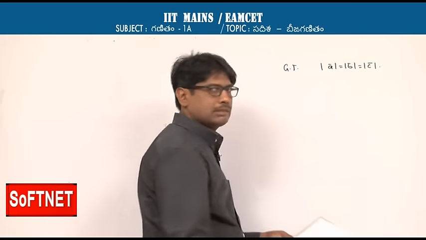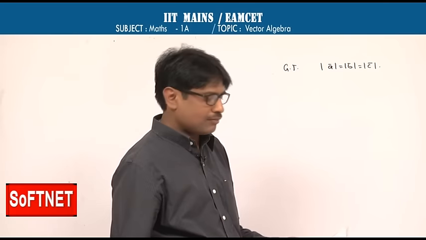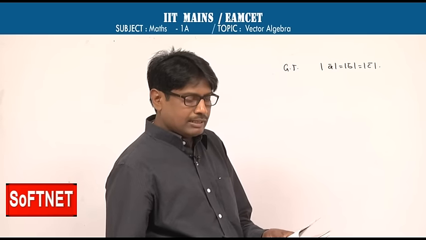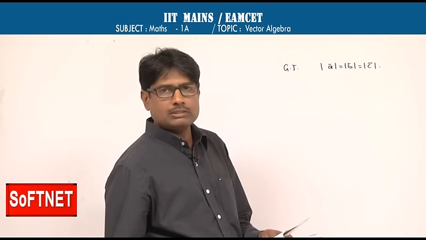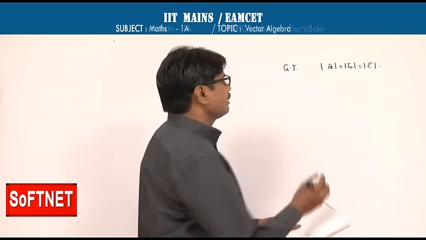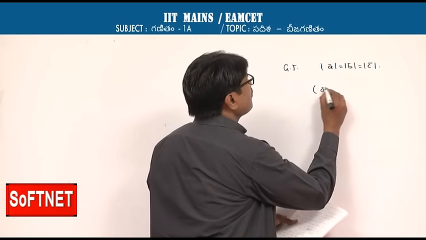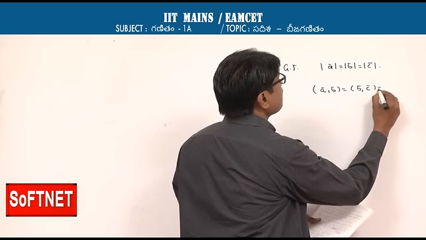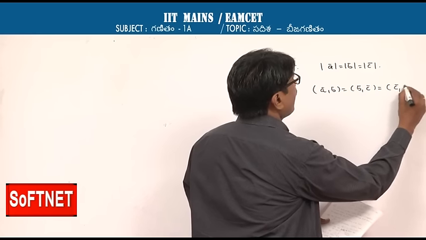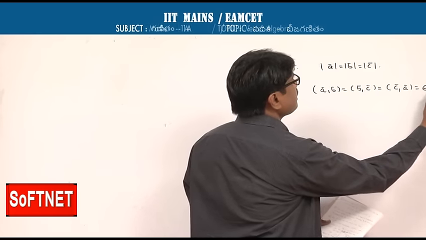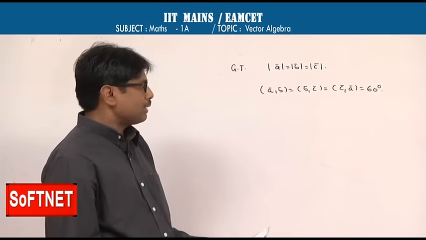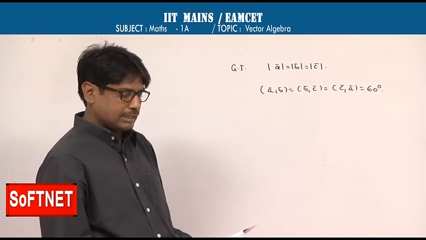A bar, b bar, c bar, 3 vectors of equal in the magnitude and the inclined angle between each 2 vectors is equal to 60 degrees. అంటే angle between a bar and b bar is equal to angle between b bar and c bar is equal to angle between c bar and a bar is equal to 60 degrees.